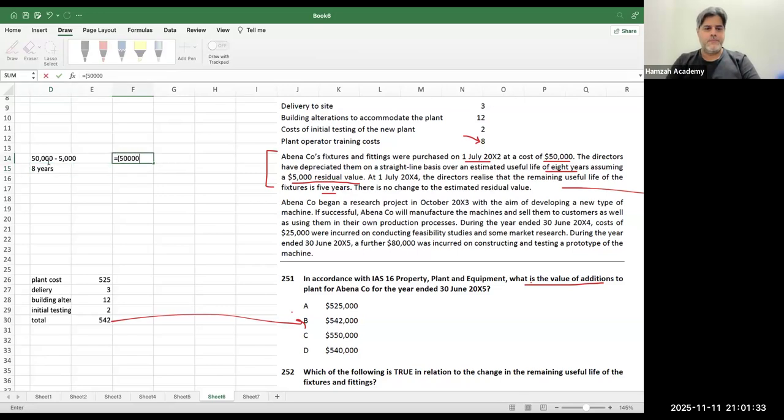So 45,000 divided by 8 is 5,625. So this is going to be x3 and then x4. 2 years gone.